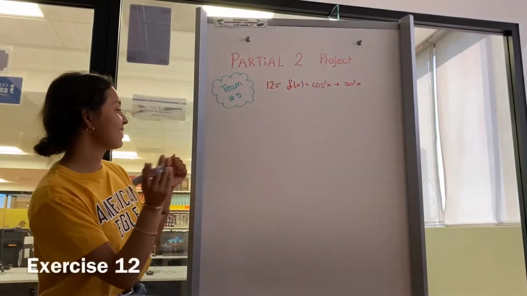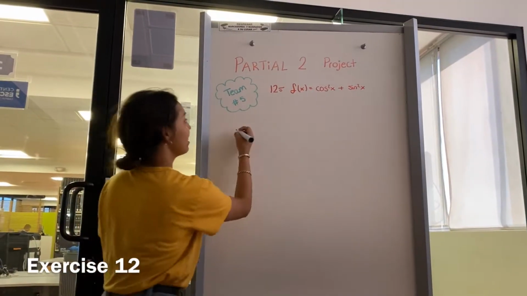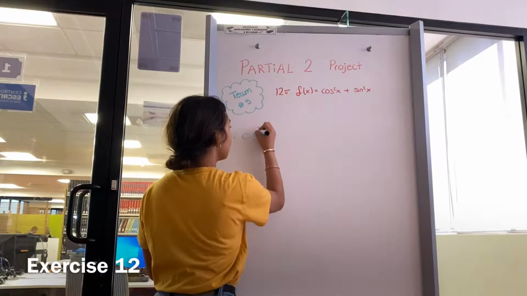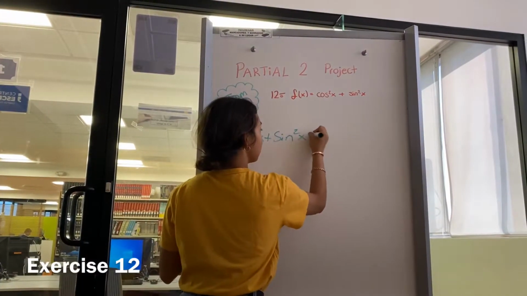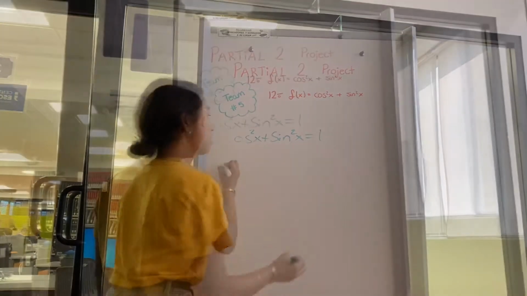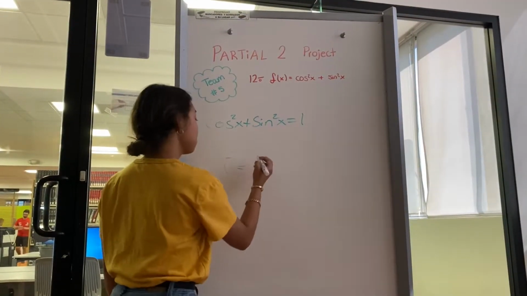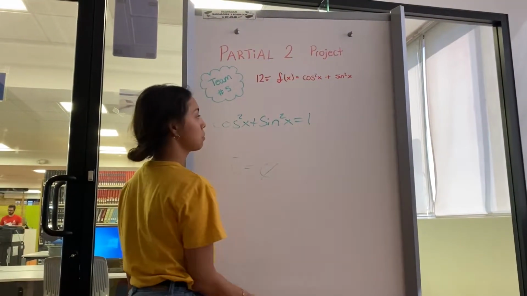So based on the trigonometric identities, this is equal to 1. The derivative will be equal to 0 because we don't have an x.